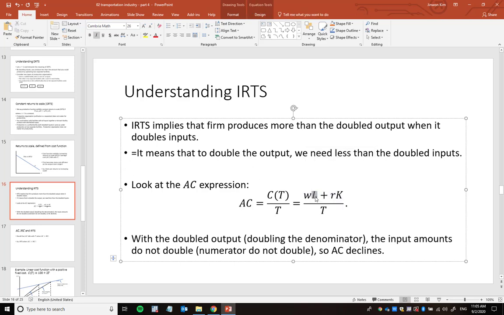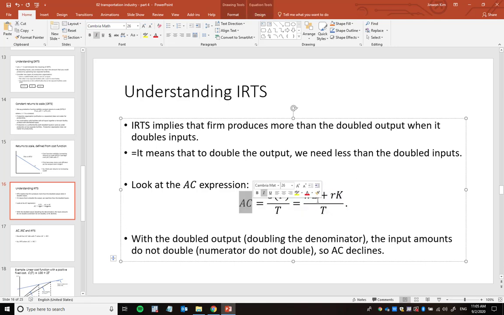So to double the output, the denominator, we need less than double the input, L and K. So when the denominator goes up by double, the numerator goes up by less than double.